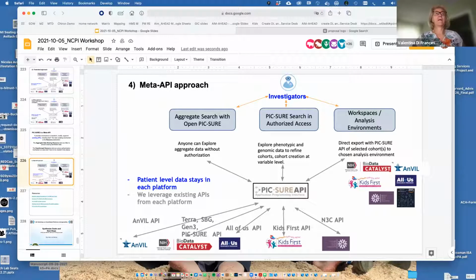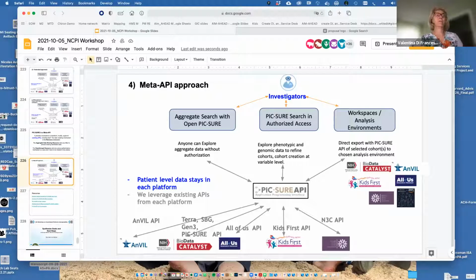I have a related question. In terms of implementation, although technically more challenging, it seems to me the meta API approach is very appealing. I'd love to see AnVIL trying it out with you.